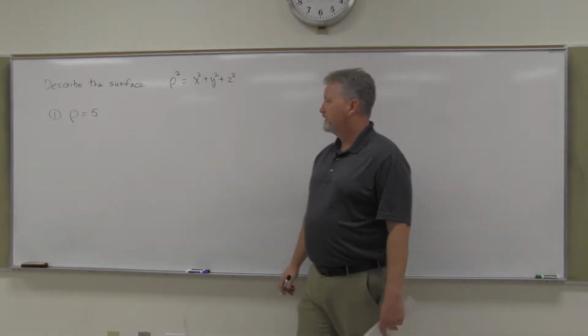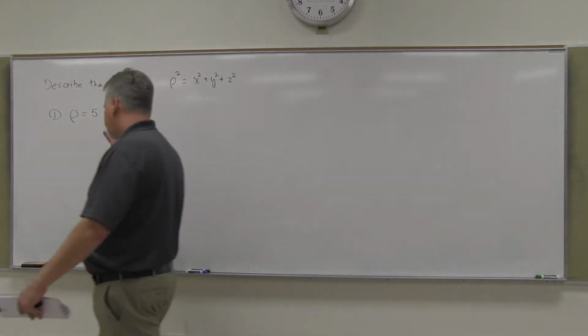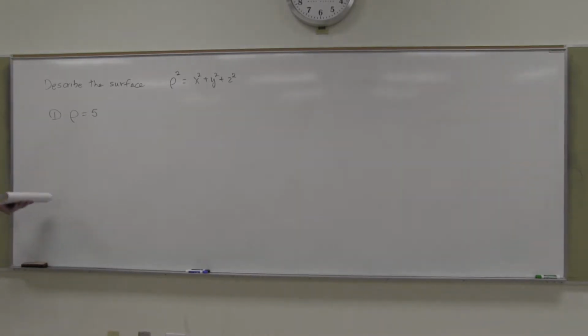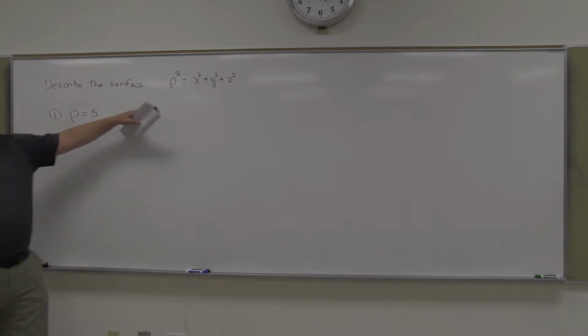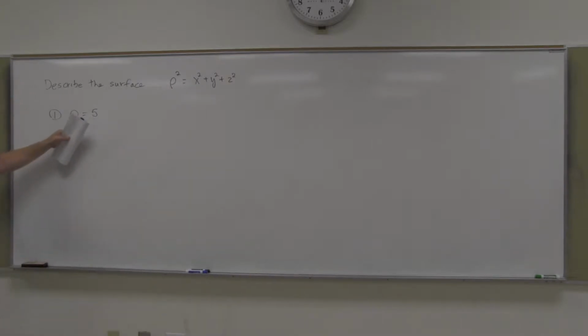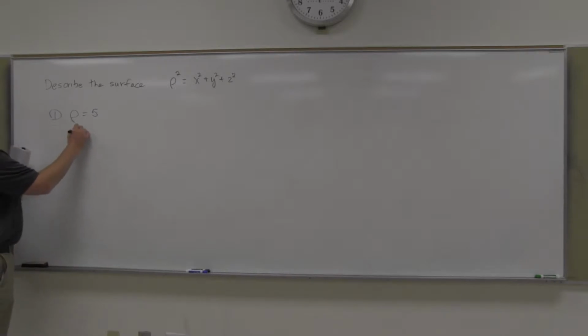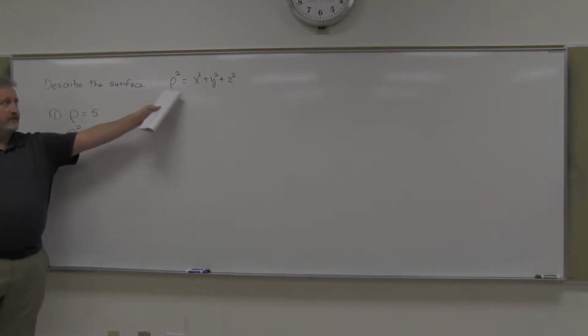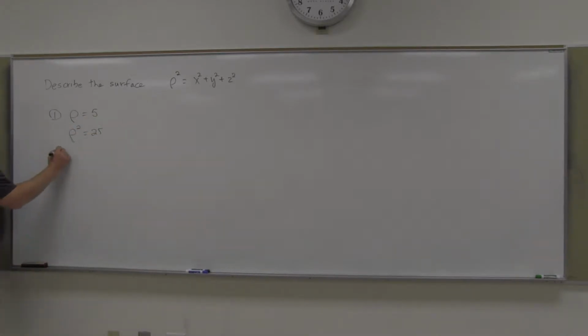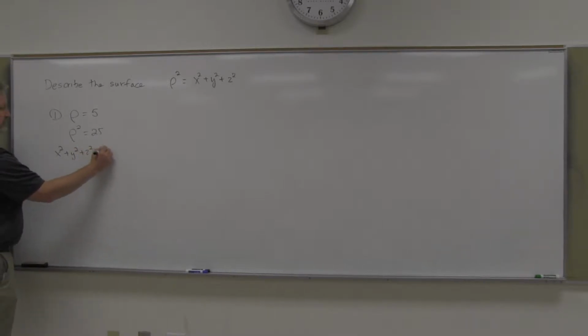One way we could figure out what this is, is to have rho squared here, which we can do very easily by squaring both sides. Rho squared equals 25, and rho squared is x squared plus y squared plus z squared, so that equals 25.